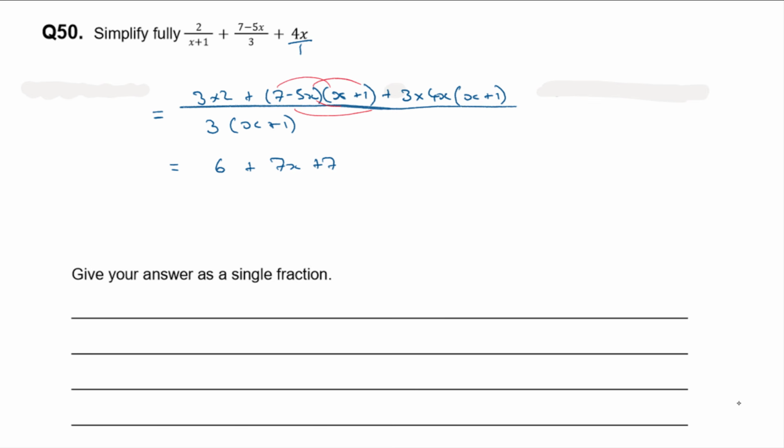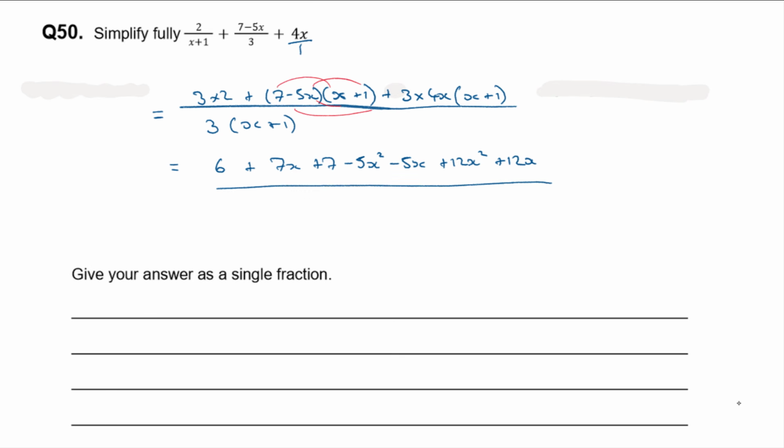Minus 5x times x is minus 5x squared. And minus 5x times 1 is minus 5x. And then I've got 3 times 4x, which is 12x. And then 12x times x, which is 12x squared. And 12x times 1, which is 12x.